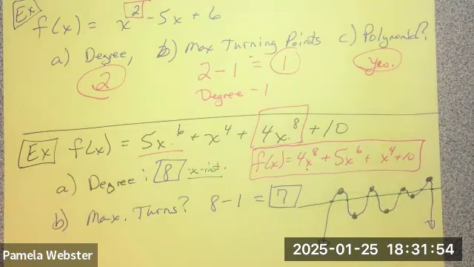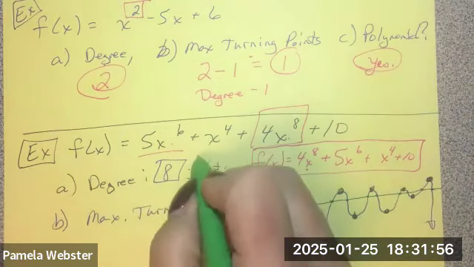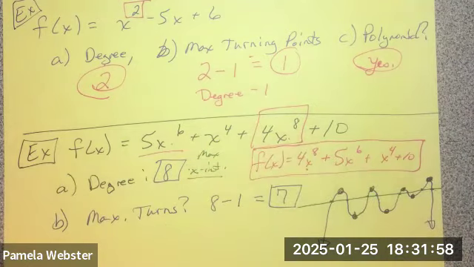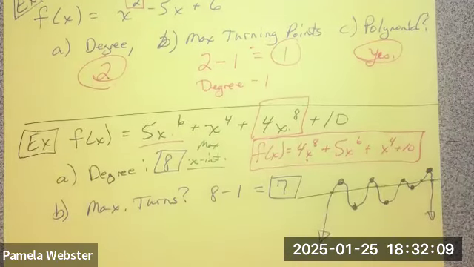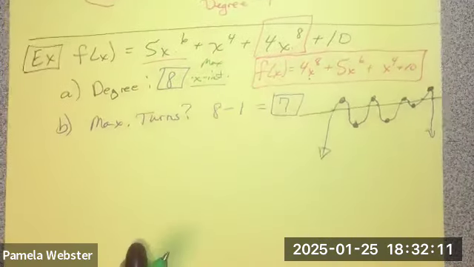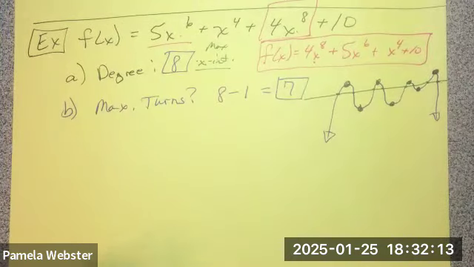Okay, that's the maximum number of x-intercepts, because quite frankly, whenever we get up big like that, the 8th degree, some of these are going to flatten out and they're not really going to be turning points. So we won't have as many x-intercepts, and we'll see some stuff like that maybe a little later. Okay, so we got degree, we got the maximum number of turning points, and then the next question is, do you think it's a polynomial?